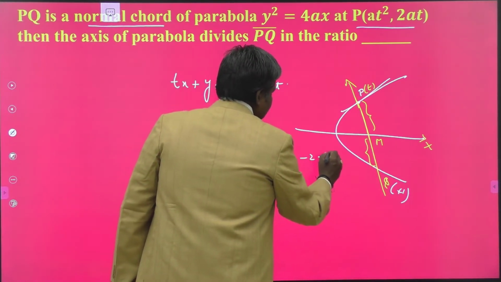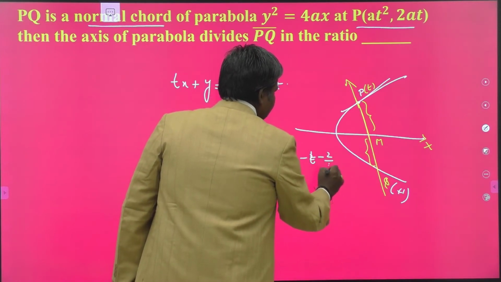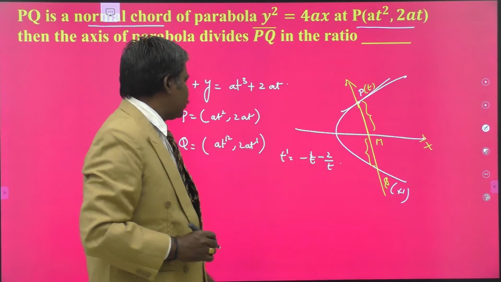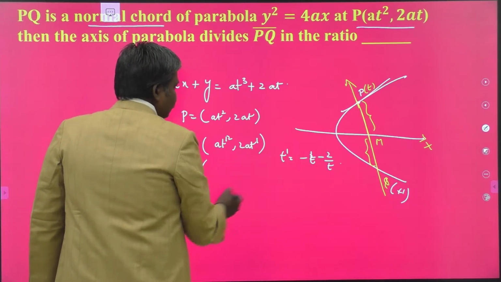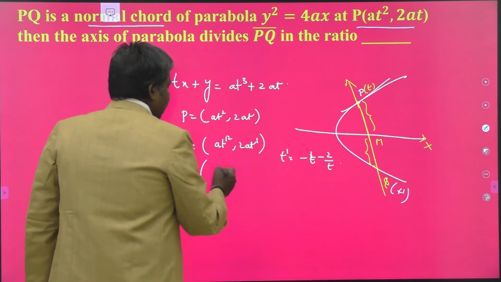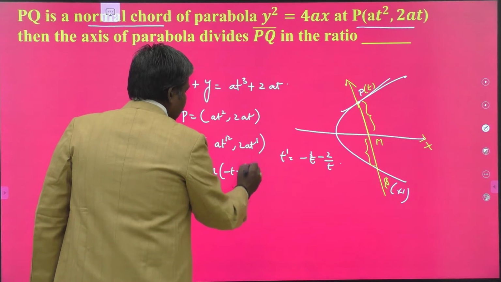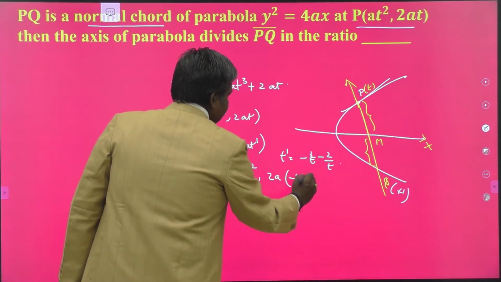Minus t minus 2 by t. t dash is equal to minus t minus 2 by t. That means you have to write, instead of t dash, minus t minus 2 by t. So Q is a into minus t minus 2 by t whole square comma 2a into minus t minus 2 by t.